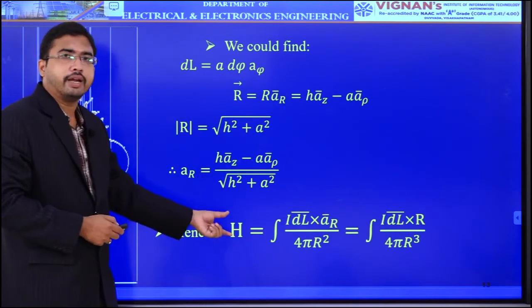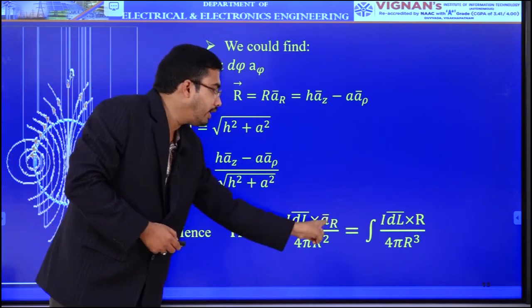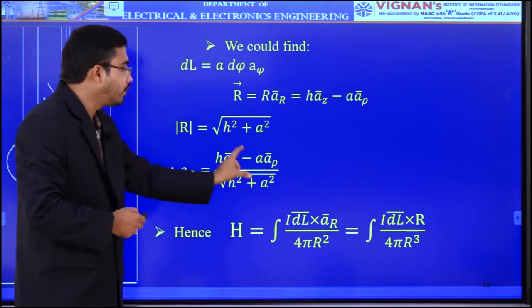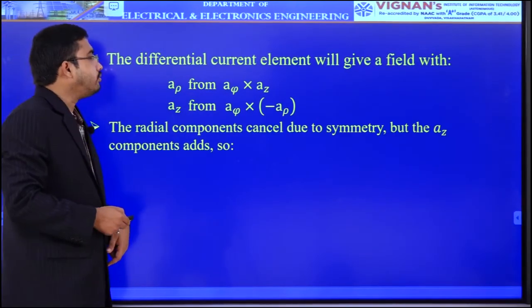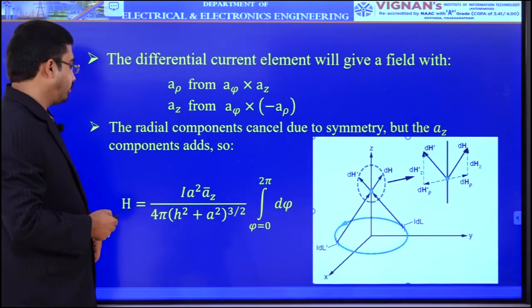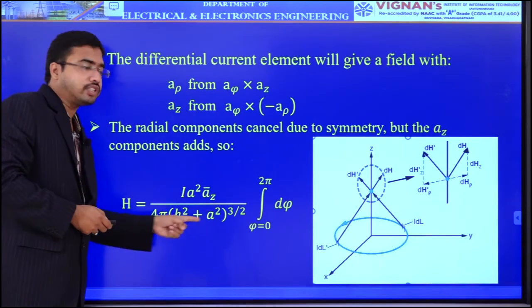Now, according to the Biot-Savart's law, I am substituting aR as R bar by mod R bar. If you substitute these values, the equation improves like this.